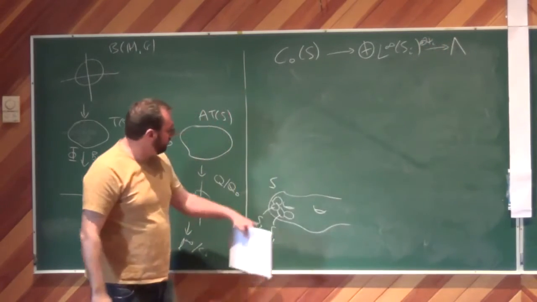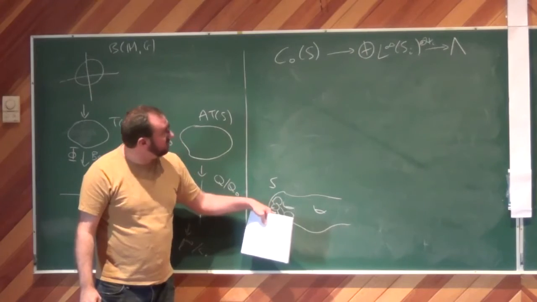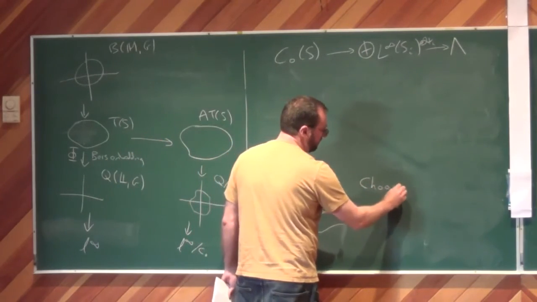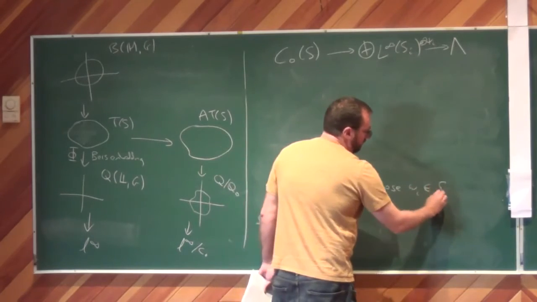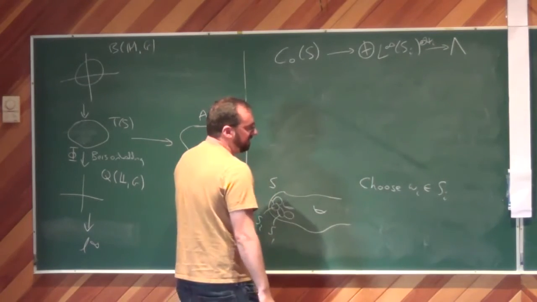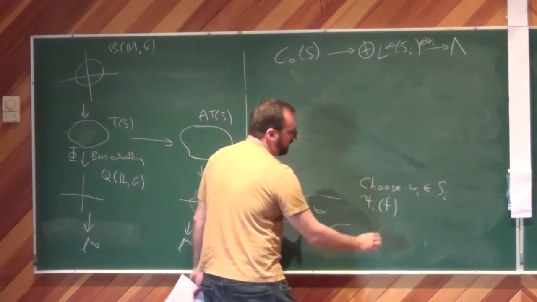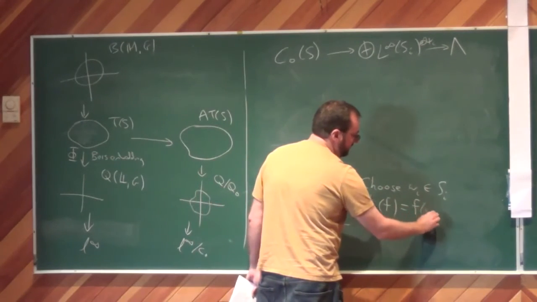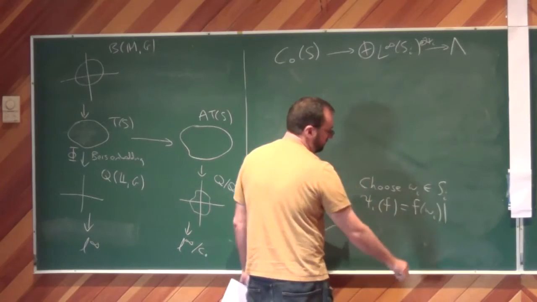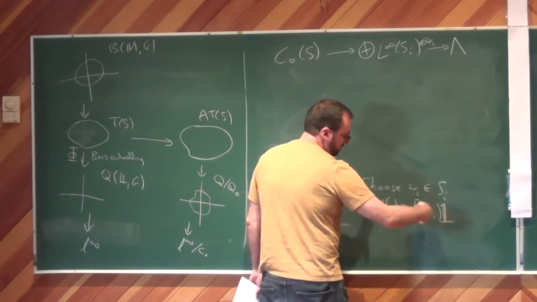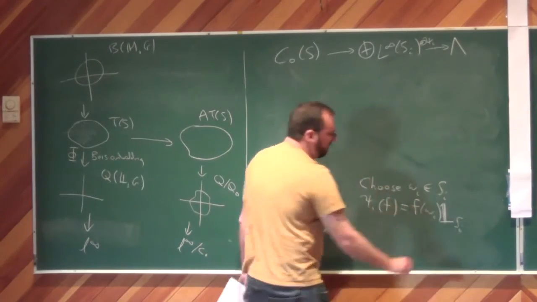Well, it acts on each one of these little pieces of S. And how does it act? You choose some point w_i in S_i, and then psi_i of f is just point evaluation, and then you make the indicator function on your little surface.